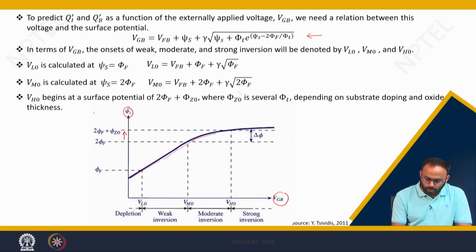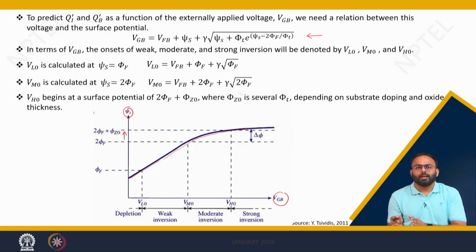After weak inversion the slope decreases. So can I get some value of VGB which helps me determine that this VGB value is for weak inversion, this VGB value is for moderate inversion, and so on? Can I define the value of VGB which decides the onset of weak inversion, moderate inversion and strong inversion?